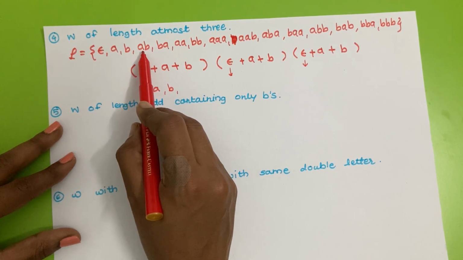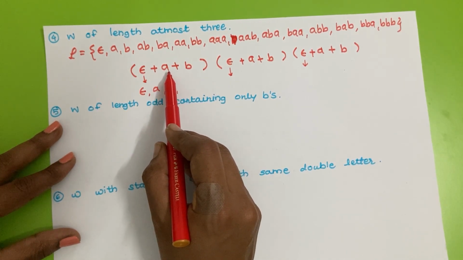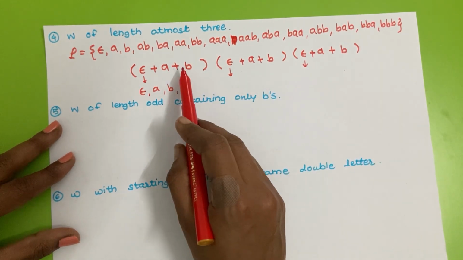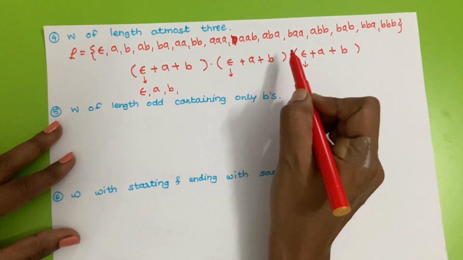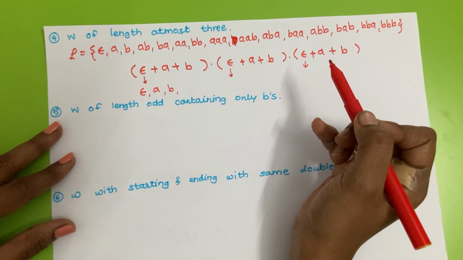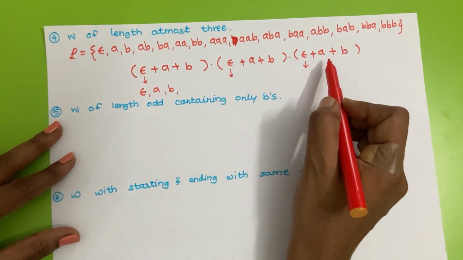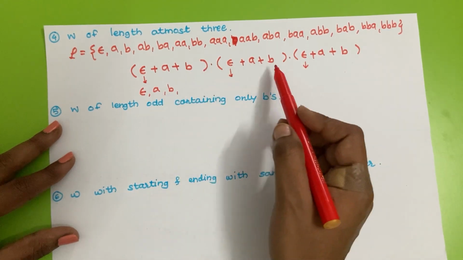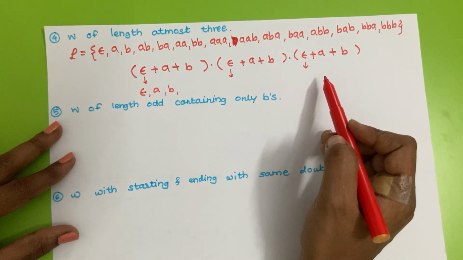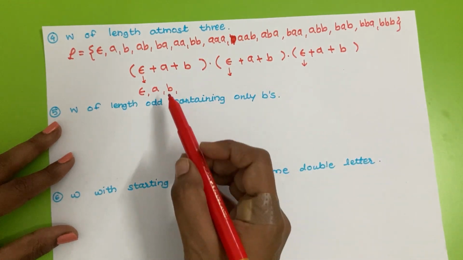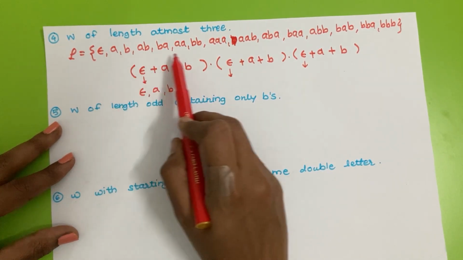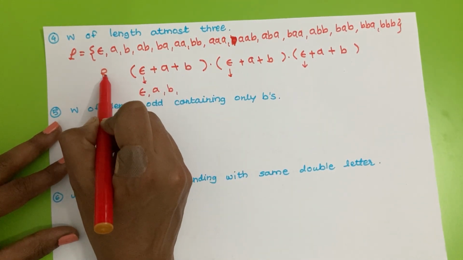And for the AB string, I can take a from this bracket and b from this bracket and empty from this bracket, because all these 3 brackets are connected via the concatenation operator. These 3 brackets are compulsory, meaning one element from each bracket should come at least a single time. So all the strings will get accepted by this regular expression.